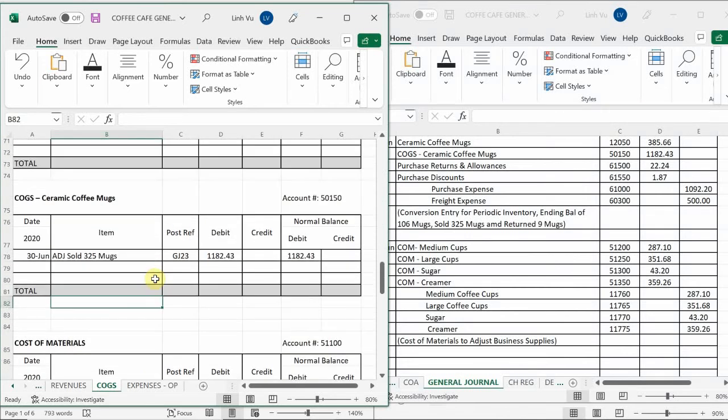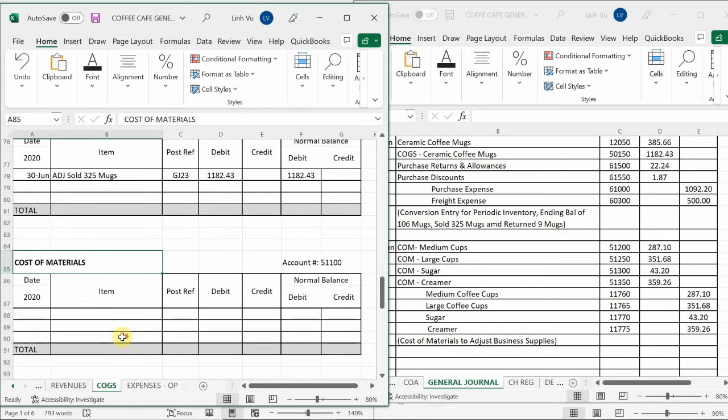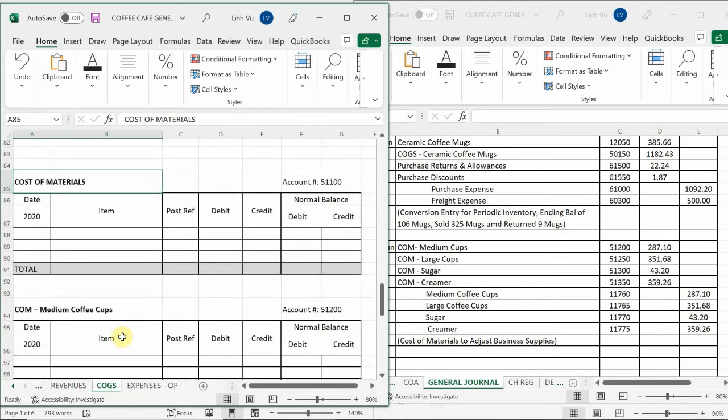Because when you sold your coffee cups in store, you are putting it into the price of the goods. In this case, it's a direct cost of your sales. So here's cost of materials.